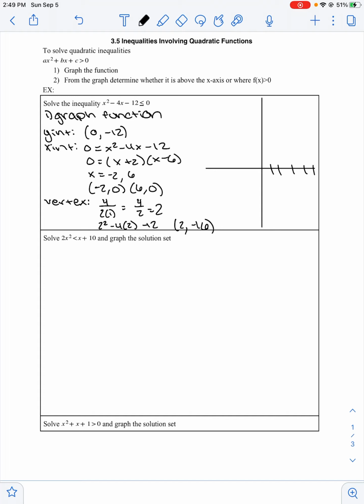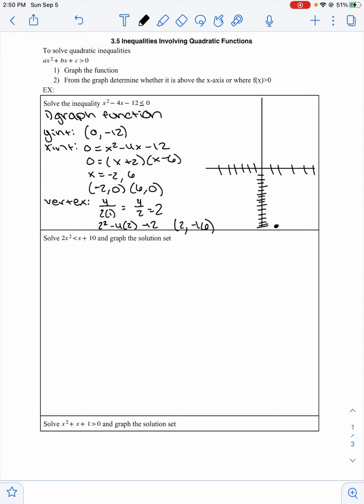So 1, 2, 3, 4, 5. 1, 2, 3, 4, 5, 6, 7, 8, 9, 10, 11, 12, 13, 14, 15, 16. That's good enough. Okay, so 2, -16 is our vertex.